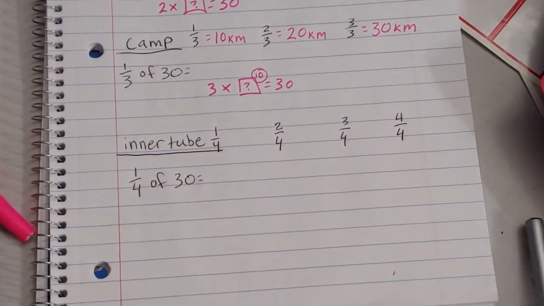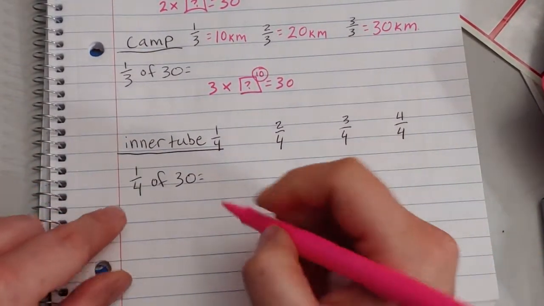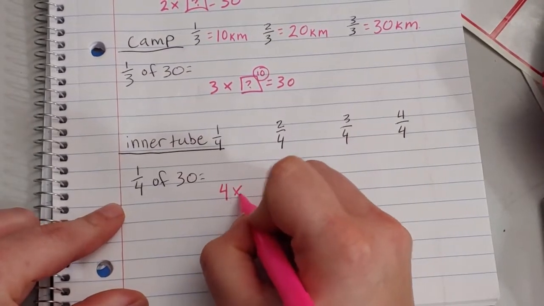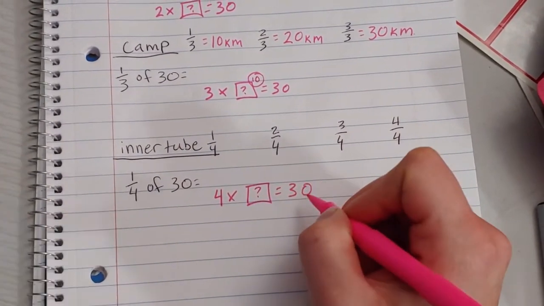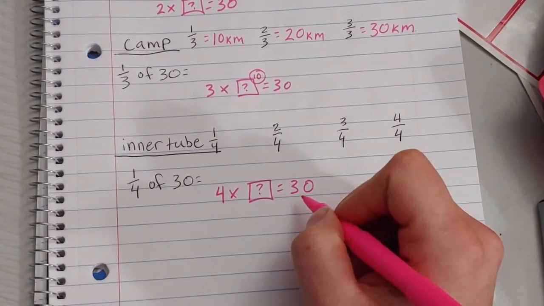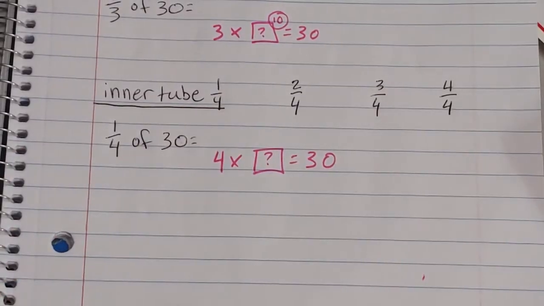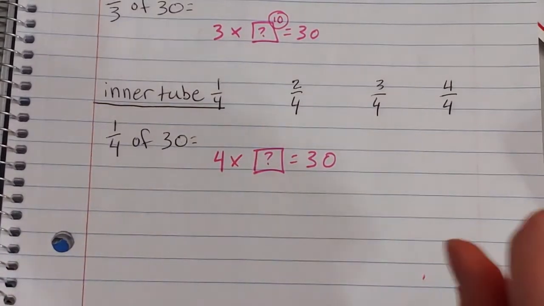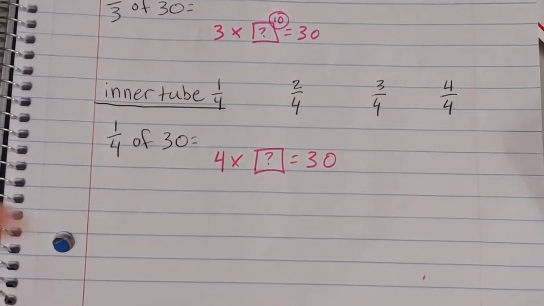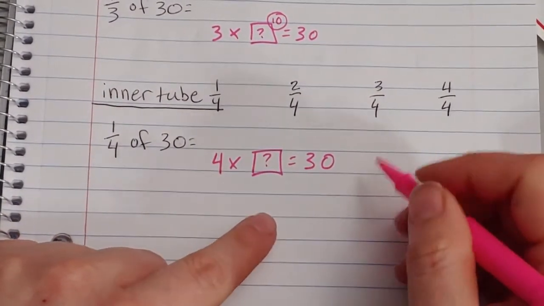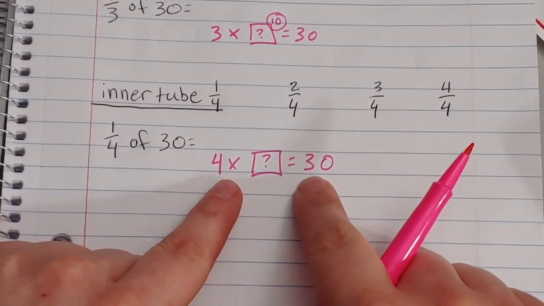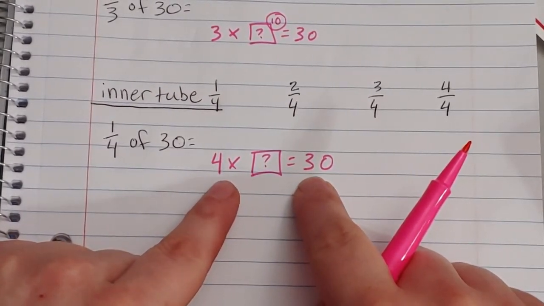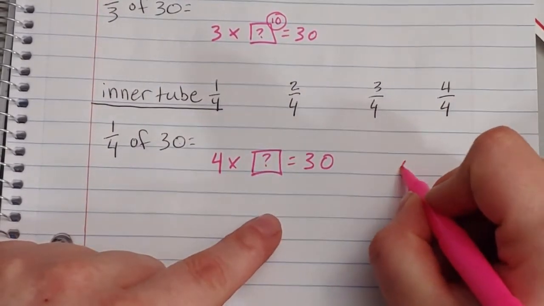Pause and solve. So 4 times what gets you to 30? So this is going to take some extra thinking. We need to build up and take away from what we already know. So our easy facts are 2, 5, and 10. 10 is going to be a little too big, but I could see how you could use it. 2 is going to be too small, so I'm going to start with 5.